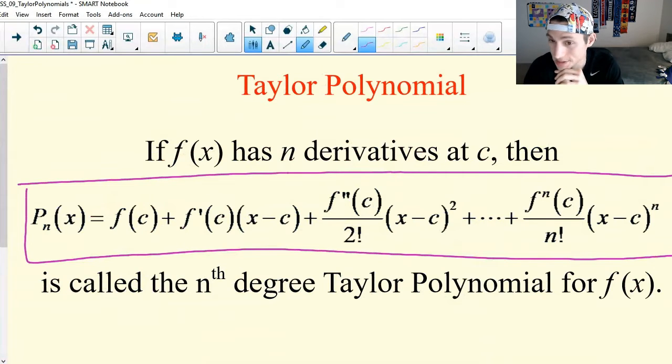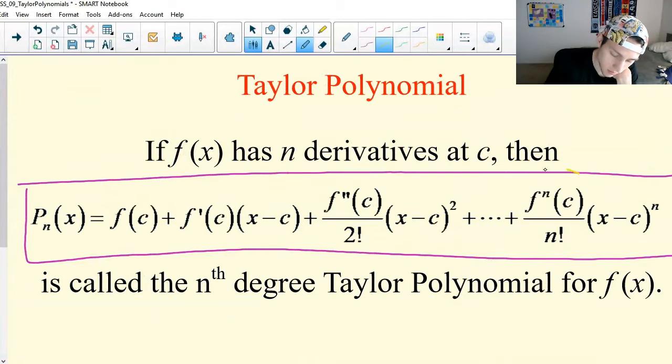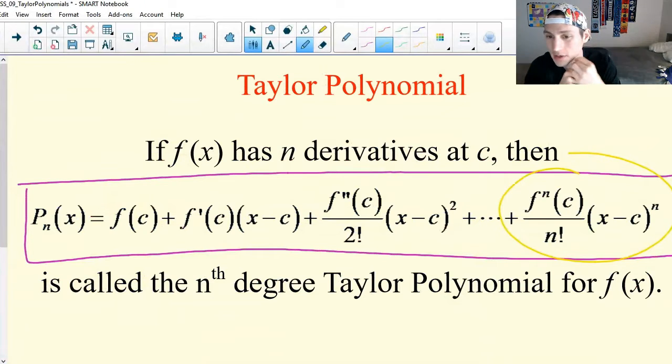So yes, this will be something that you need to memorize. But you just need to make sure you have this part down.